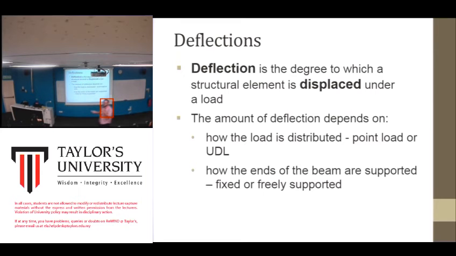Did I mention this in Beacon 2? I think I did, right? I did mention it. UDL, what is UDL? Uniformly distributed load, yeah? And then how the ends of the beam are supported, whether it is fixed or freely supported.